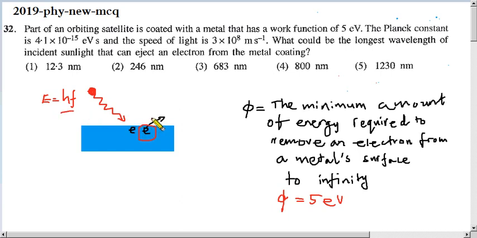The other part of the energy, the remaining energy, is used to give kinetic energy to this ejected electron. If it moves at a velocity v, the kinetic energy is half mv squared. Sometimes this electron might not have any kinetic energy. That means v equals 0.